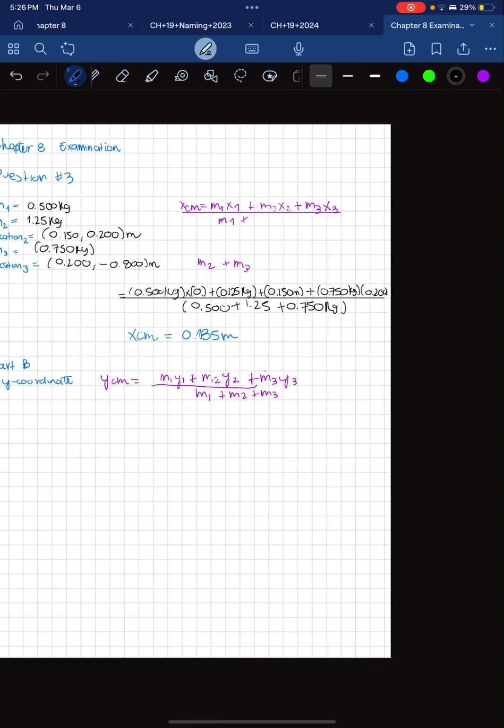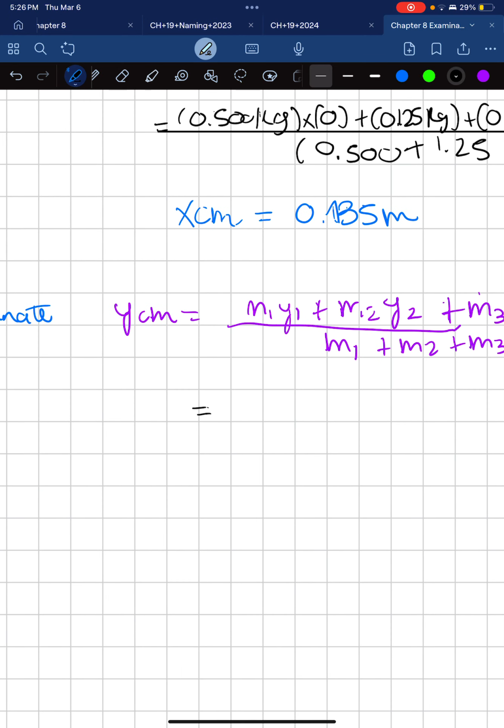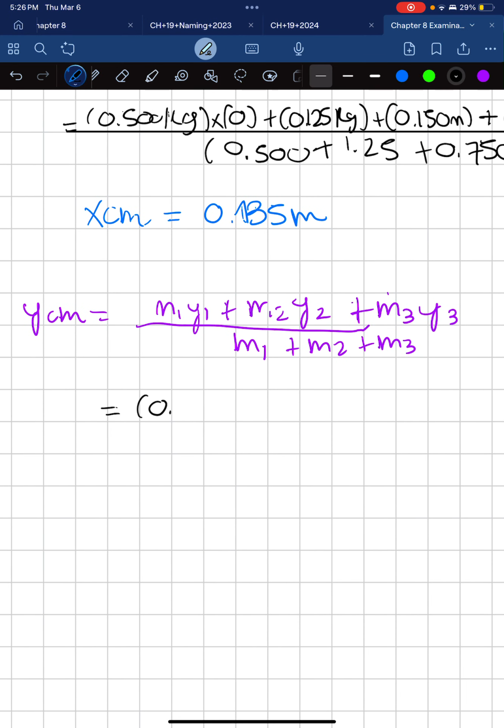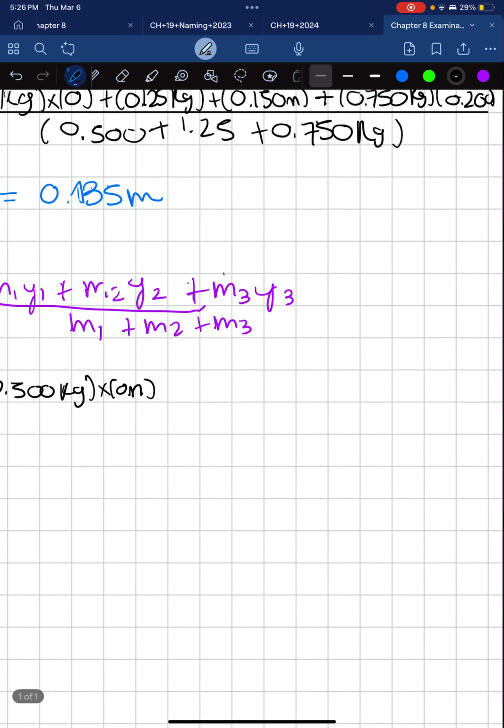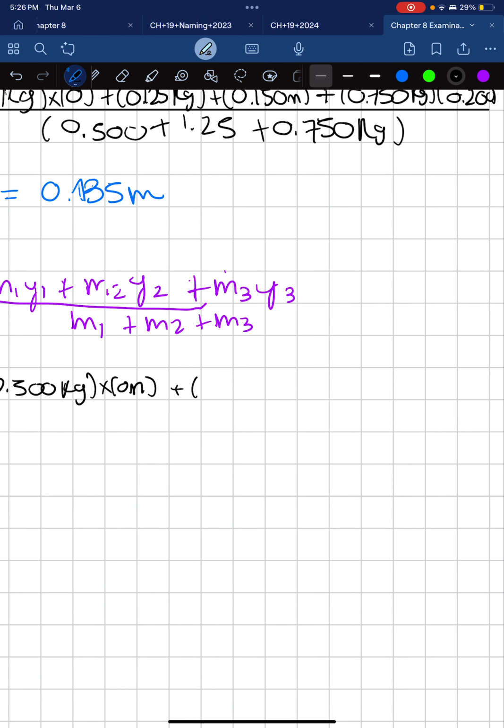Okay, so let me go ahead and plug in the ones that we have. So we have the first one. That one is always going to be times 0 because they didn't give us the coordinates. Then the second one, the y coordinate is going to be 0.200 meters.